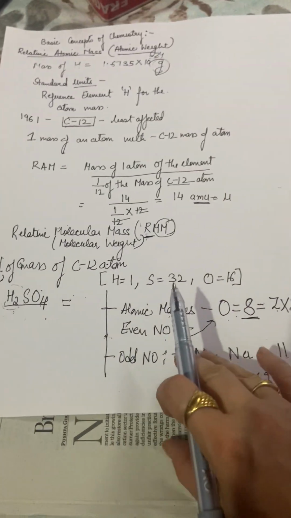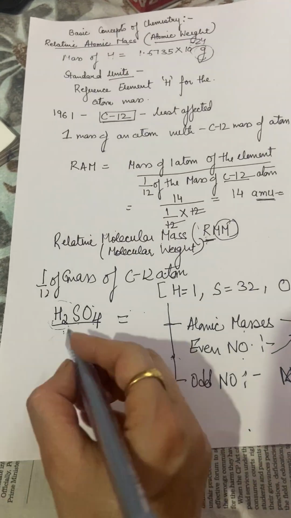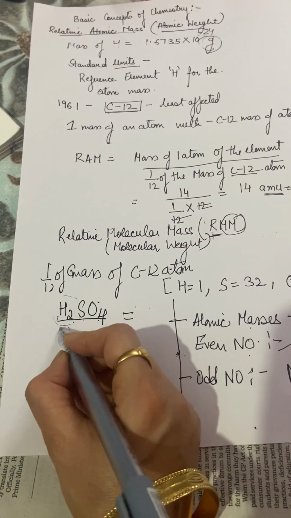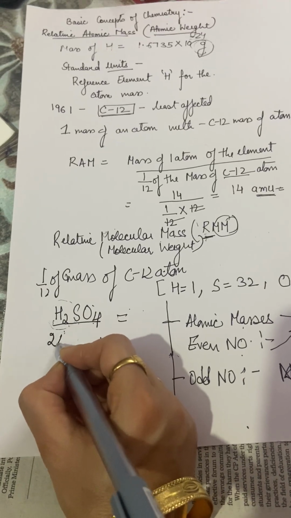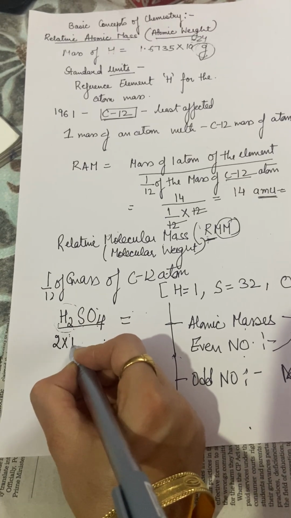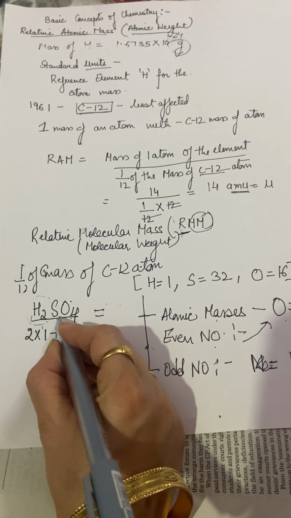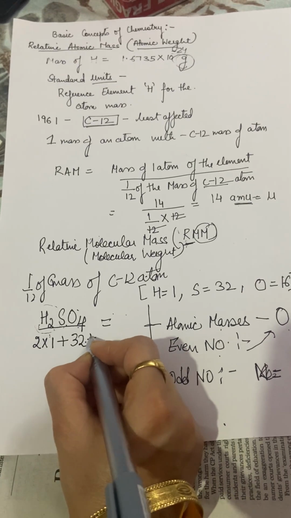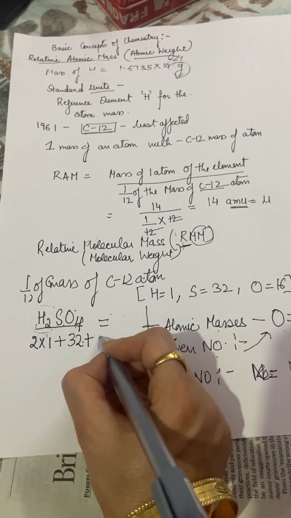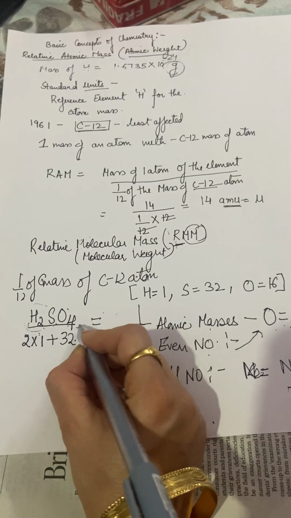Now let's come to finding the relative molecular mass of sulfuric acid. How many atoms of hydrogen are there? 2. So we'll multiply the atomic mass of hydrogen, 1, by 2. Then what is the atomic mass of sulfur? 32. What is the atomic mass of a single oxygen atom? 16. But how many atoms are present in the compound? 4.